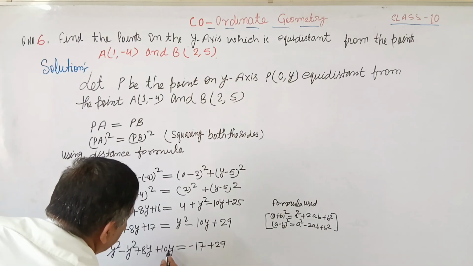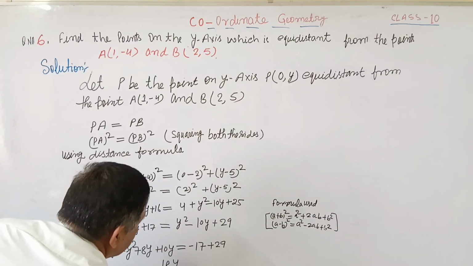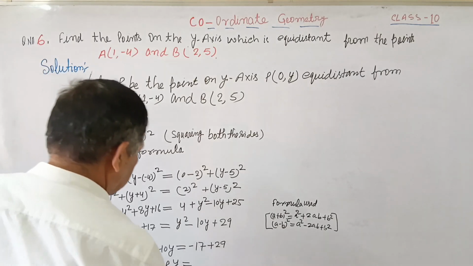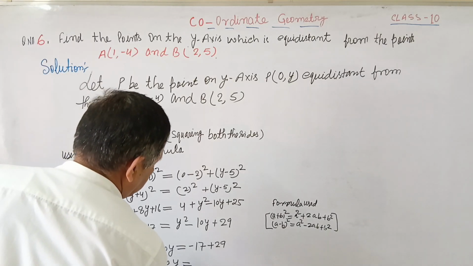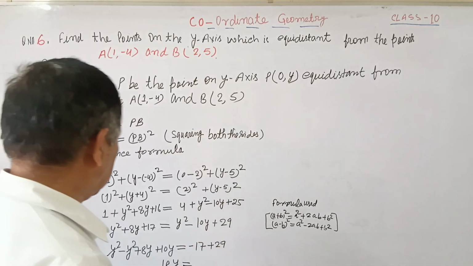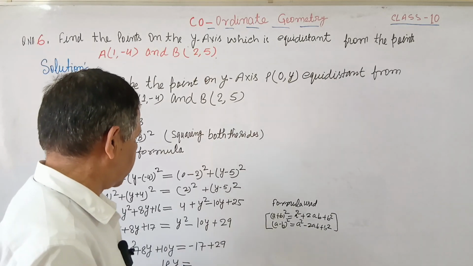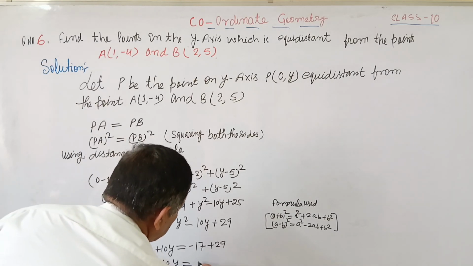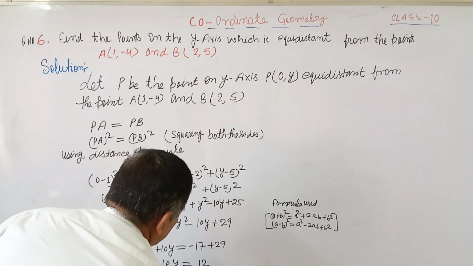This is 18y equals to minus 17 plus 29, 12.